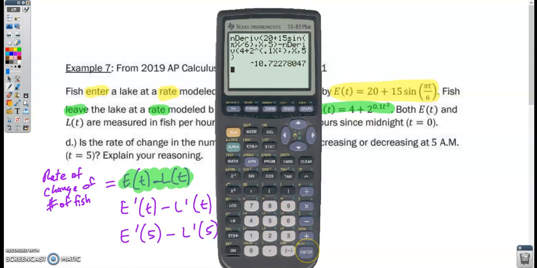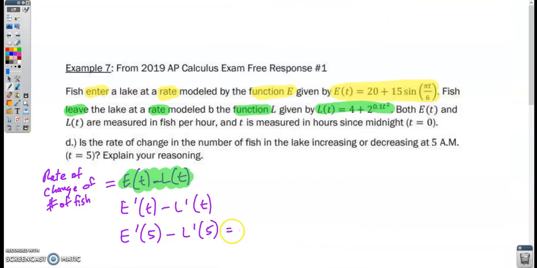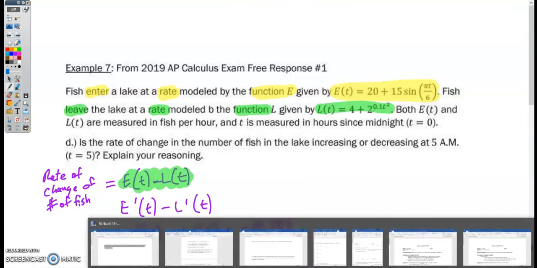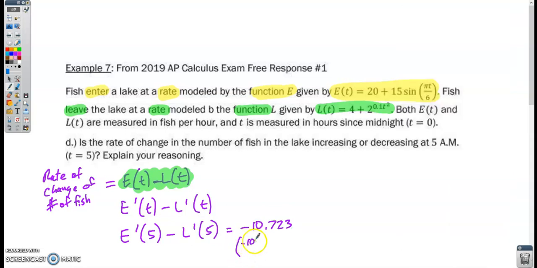And we punch that up, and it gives us this value, which is negative 10.723. If we truncate, we can have negative 10.722, so that's also acceptable.